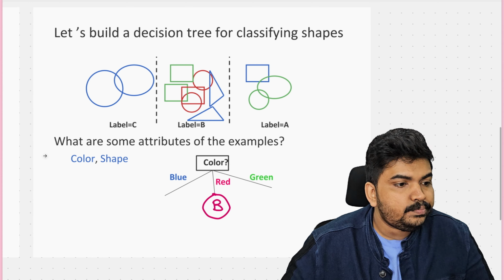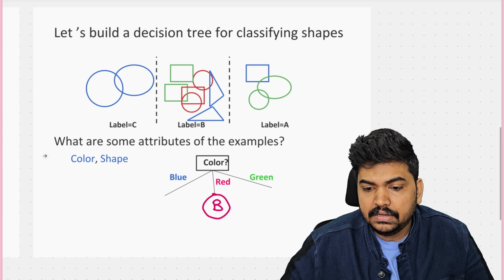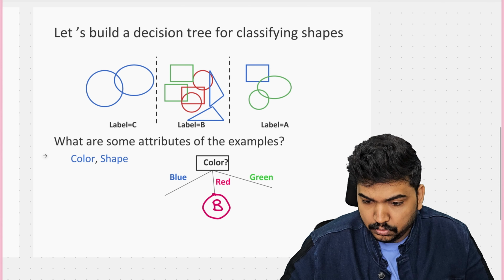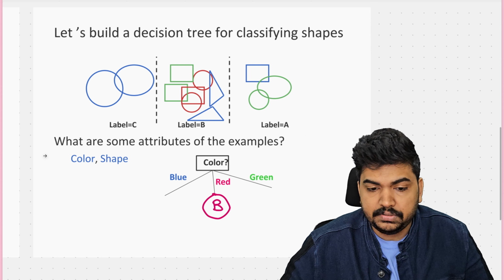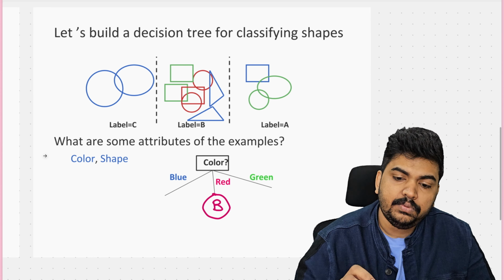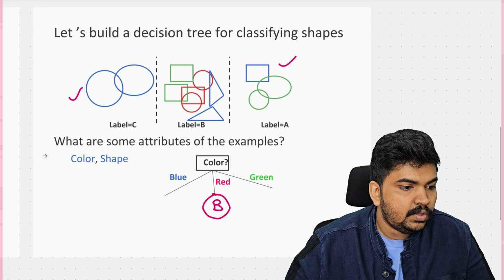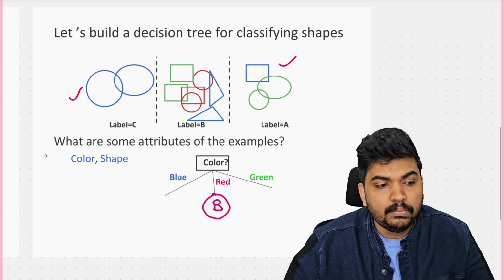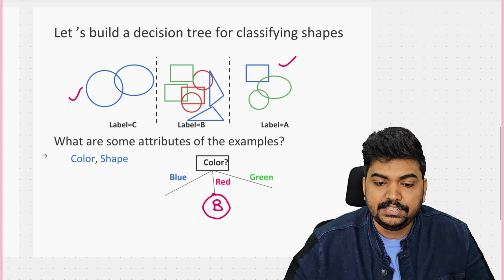So now, if you see the color blue, it leads to multiple possibilities. We can find blue in both label C and label A. So we need to gather more information before arriving at a decision.